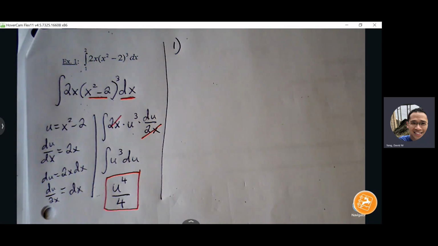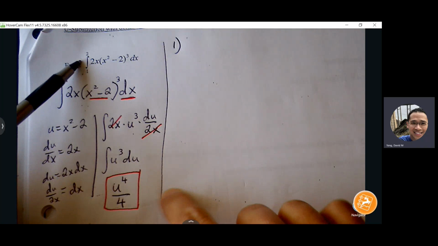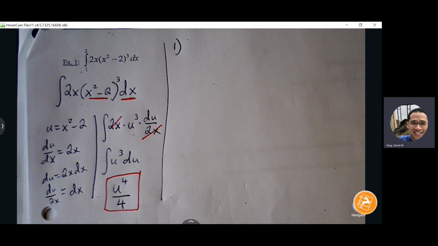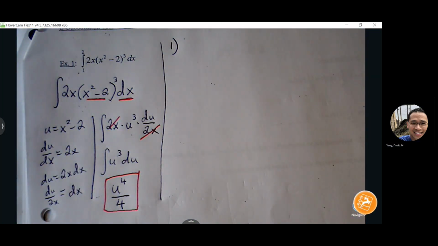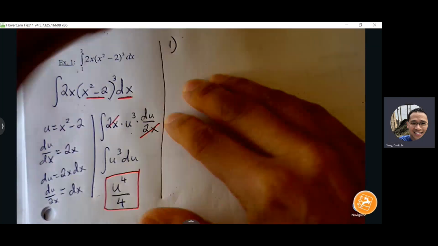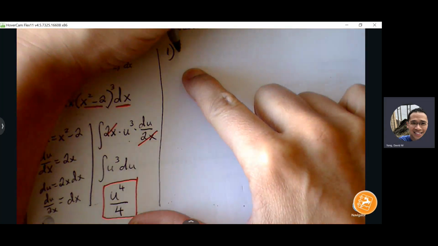Either way is fine, but what you can't do is use x's with U's, right? Because there's a mismatch of variables if you do that. Okay, so this method is to convert the bounds in terms of U.